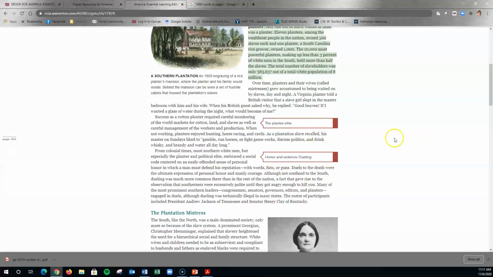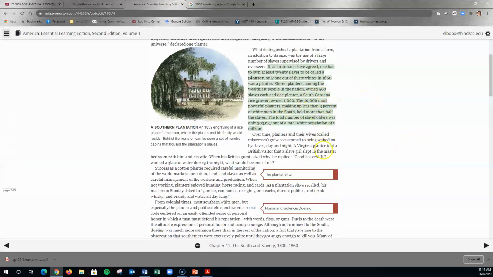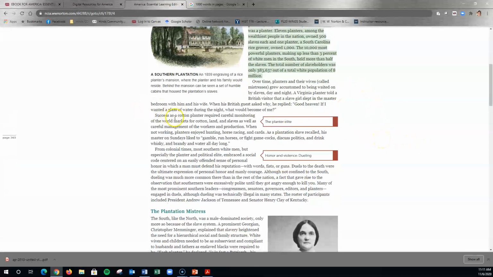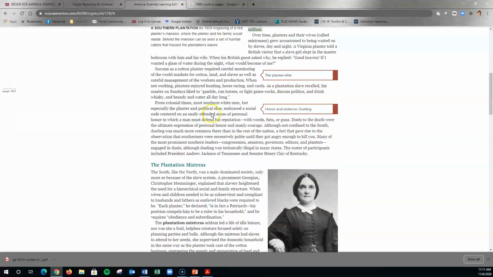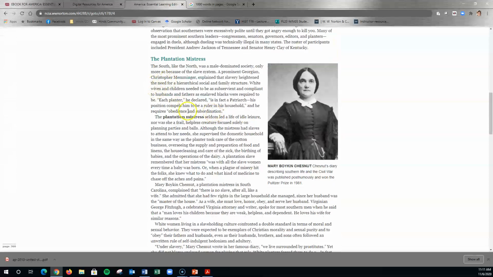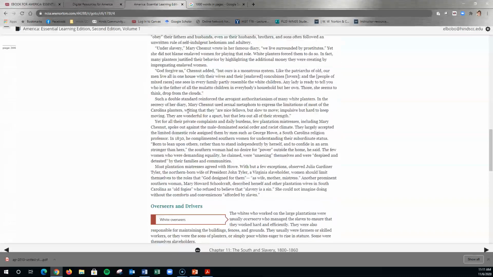Some of those slaves were field hands, some of them were house slaves, and you can read about the planter society. You have the planter and the plantation mistress, who also had a very important role.